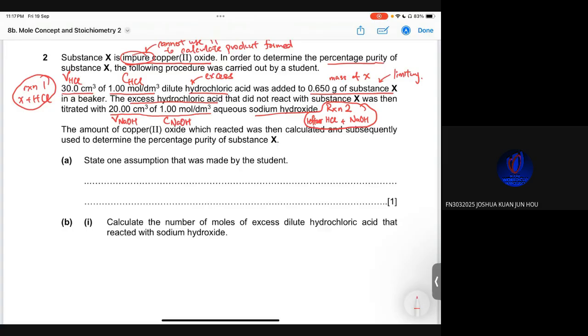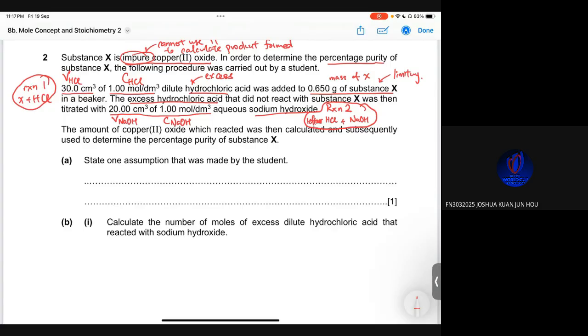Now, what you realize here is that when I add hydrochloric acid to substance X, one assumption is that the only thing that reacts with hydrochloric acid is actually substance X. You say, yeah, duh. But then my question to you is there are impurities, right? If the impurities react with HCl, that means the amount of HCl left over will actually be lesser. And hence it will affect my subsequent answer in reaction 2.